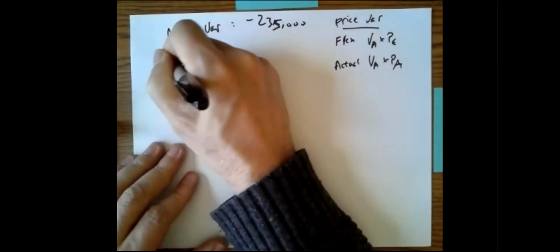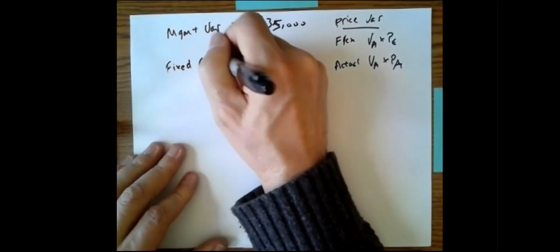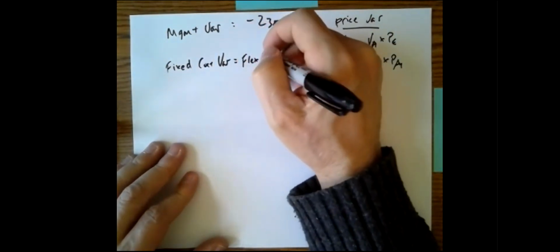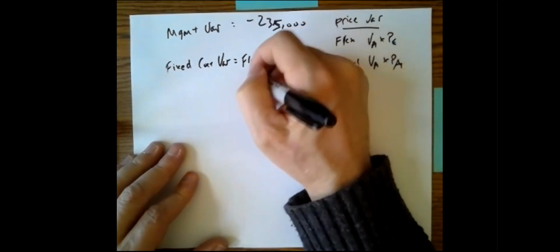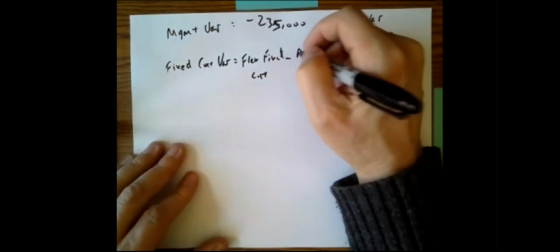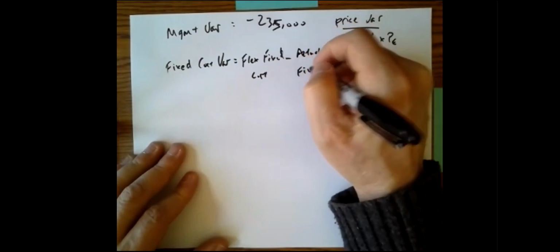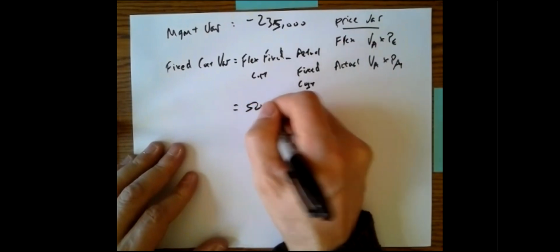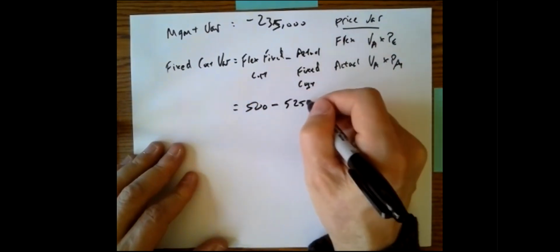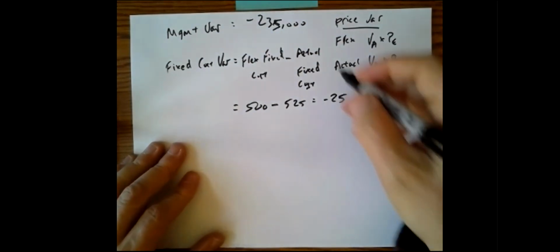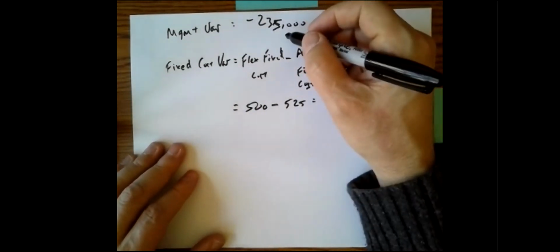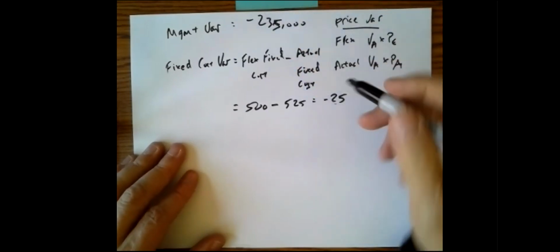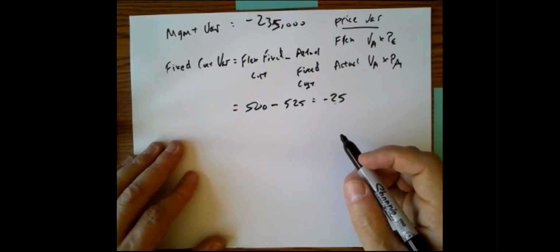So the fixed cost variance is equal to flex fixed cost minus actual fixed cost. So the flex fixed cost was 500 and the actual was 525, so that's minus 25. So that's our first component: 25,000 of this negative 235 is explained by the fact that our fixed costs were higher than we thought they would be.